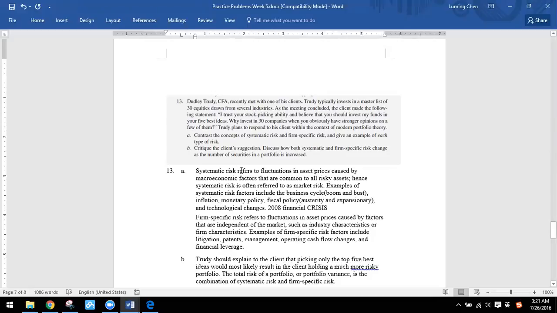Those are macroeconomic factors that you cannot change.